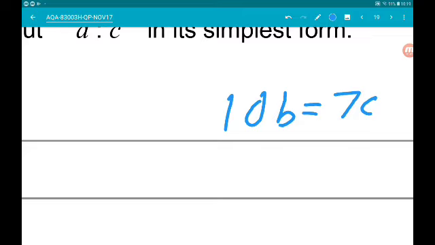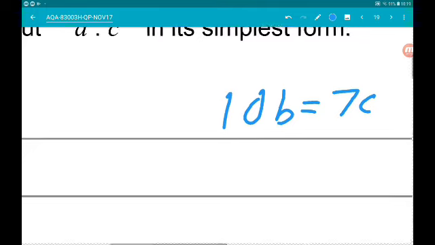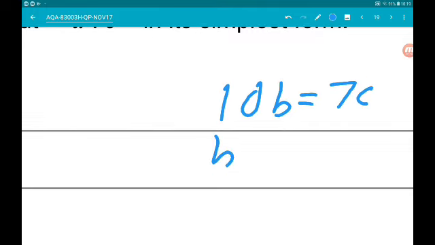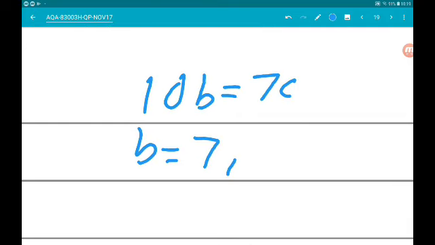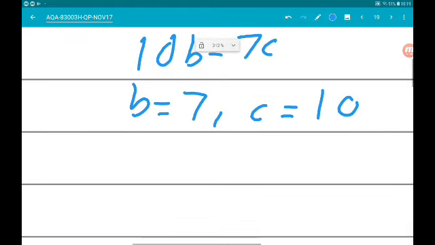So we could say then that b would be 7 and c would be 10. So then we're saying 10 times 7 is 7 times 10. Completely true. So from that then we can say that b to c is in the ratio 7 to 10.